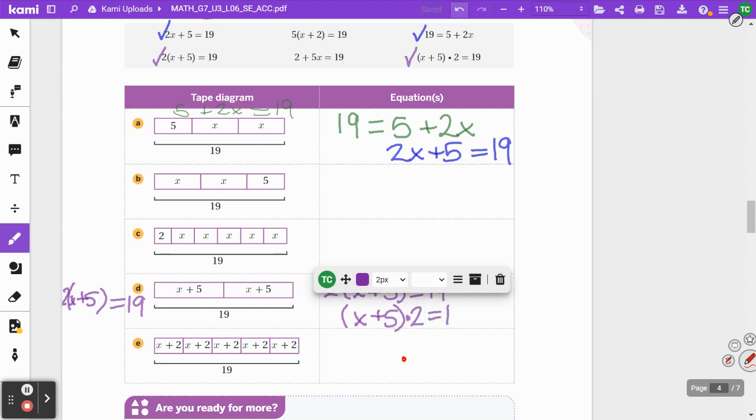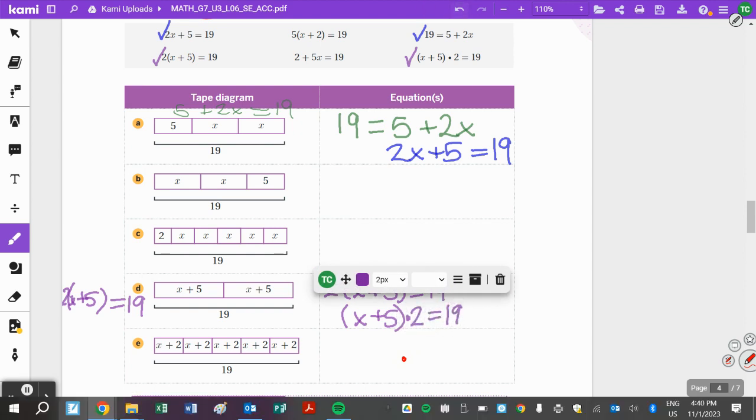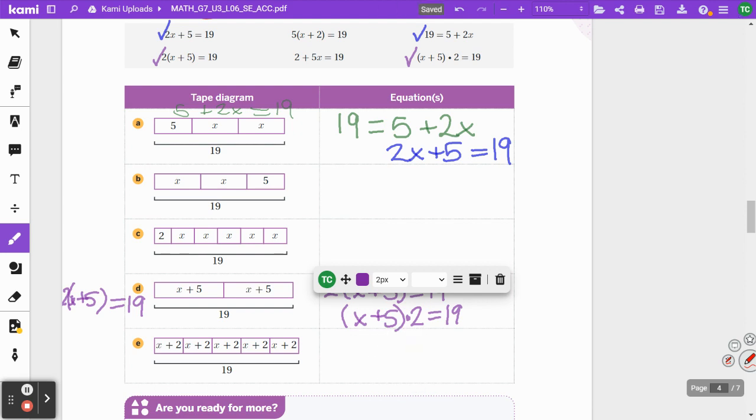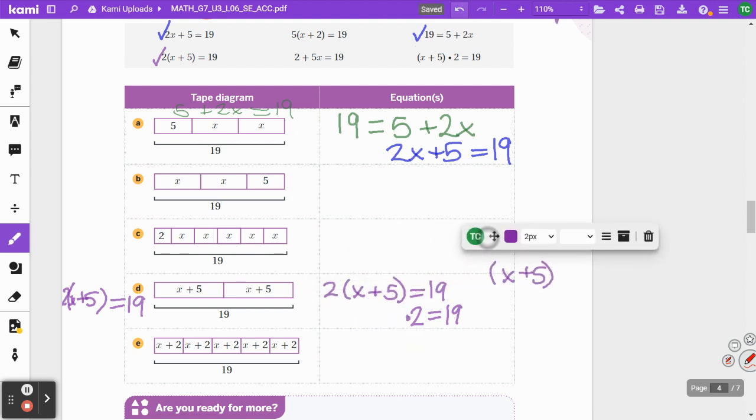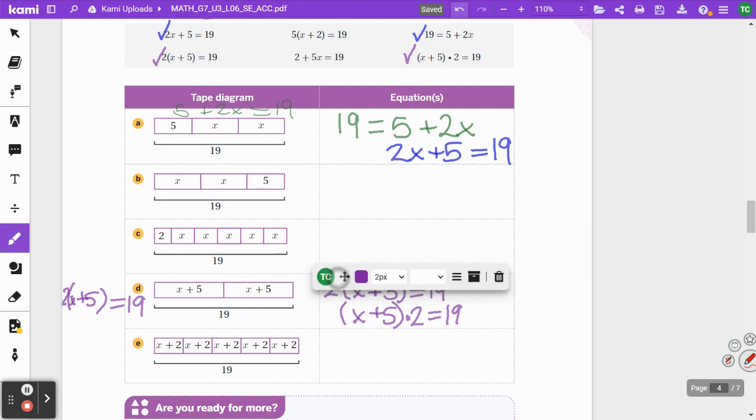In the end will give us 19. Anything else? Anything else? I think that's it.